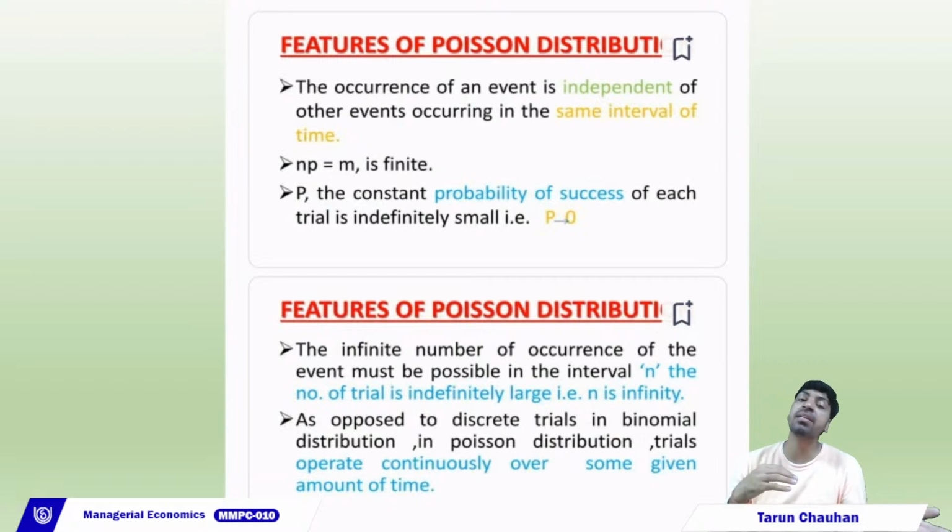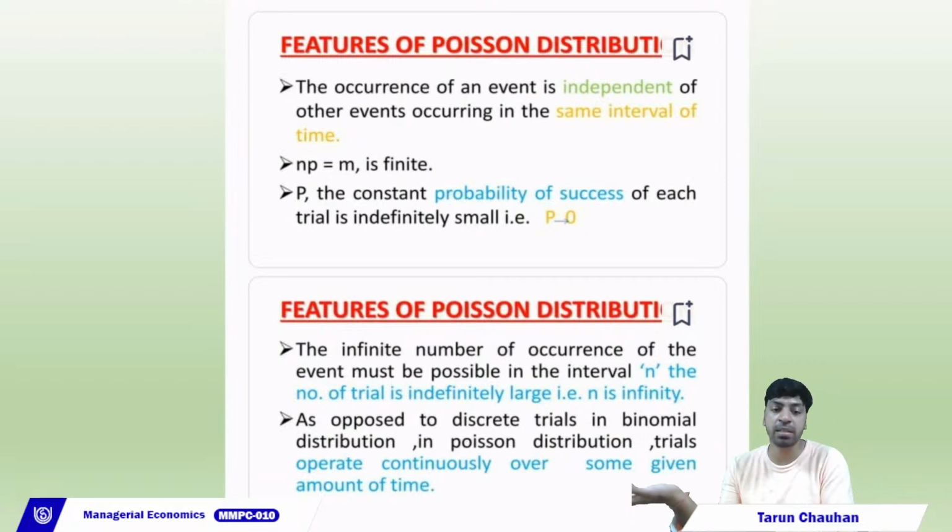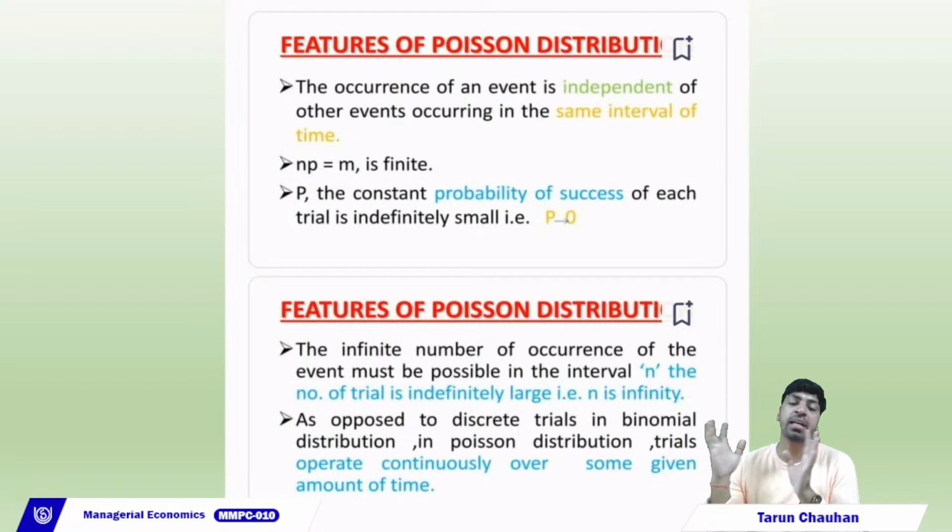That does not mean that if n is infinite, then p and m are also infinite. No, n could be infinite, but p and m would not be infinite. That is the rule of the Poisson distribution, because if everything is large, it becomes the normal distribution.